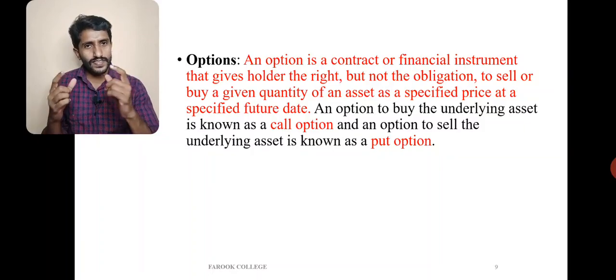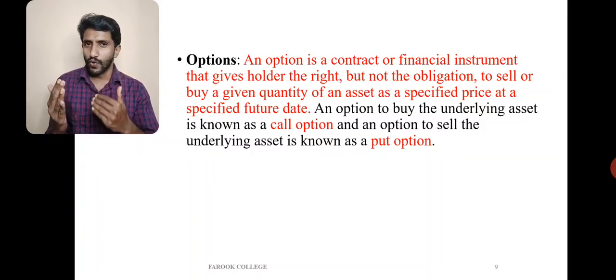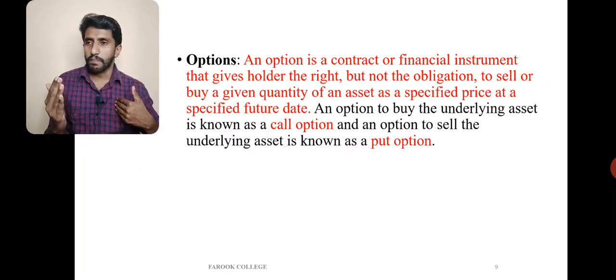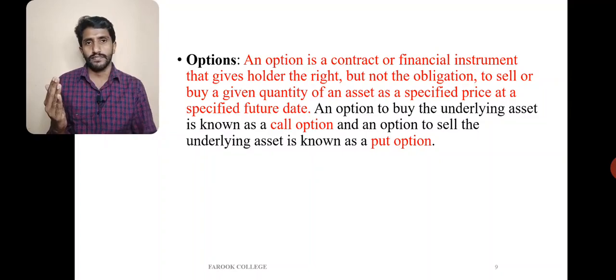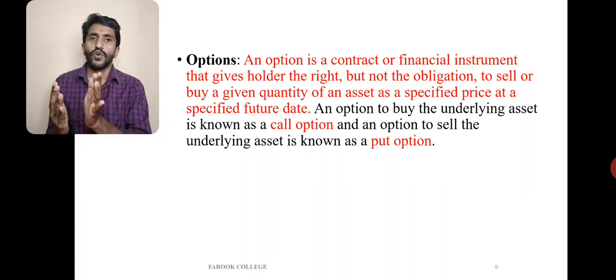Same as futures and forwards, here also a contract is happening. But if the holder of this contract wants to withdraw from it, he can do it. If he wants to continue with this contract, the contract should happen.